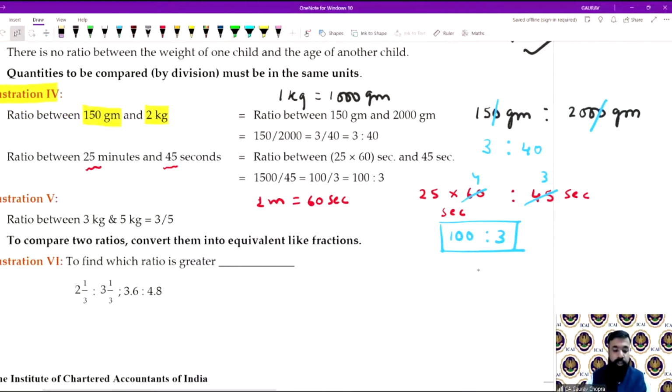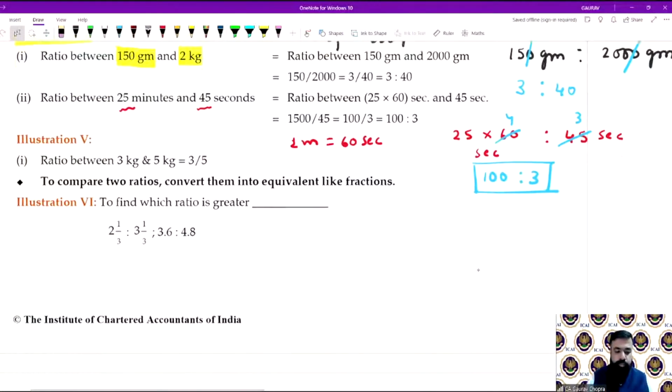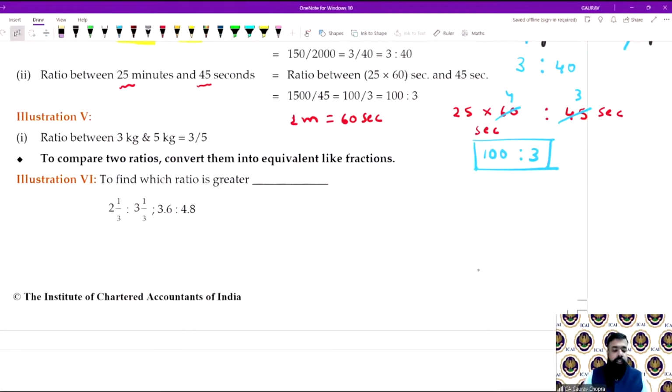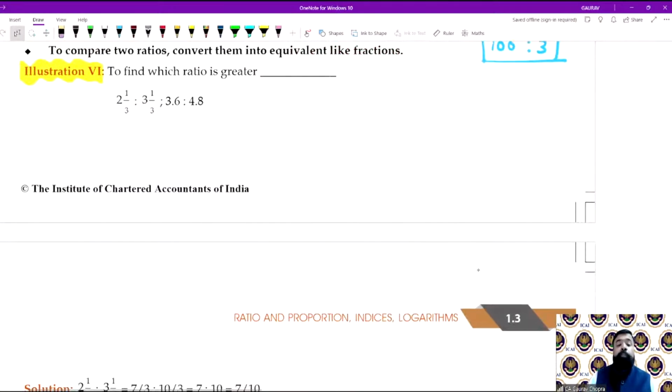Okay, so moving further, now let us try illustration number 6, to find which ratio is greater. There are two ratios and we have to compare them and find which one is greater.